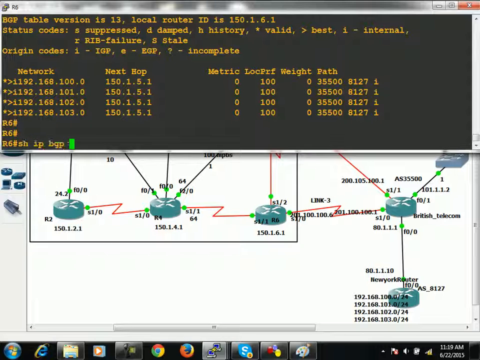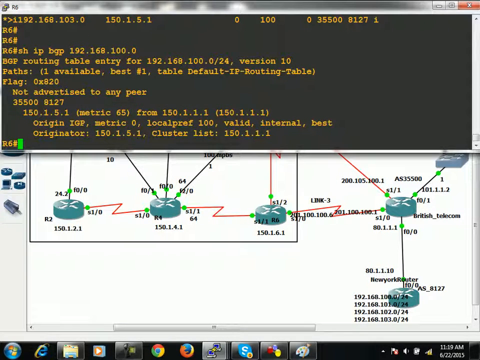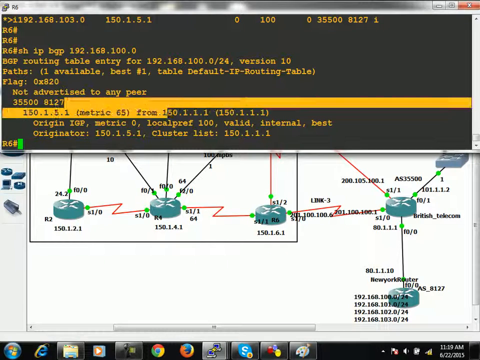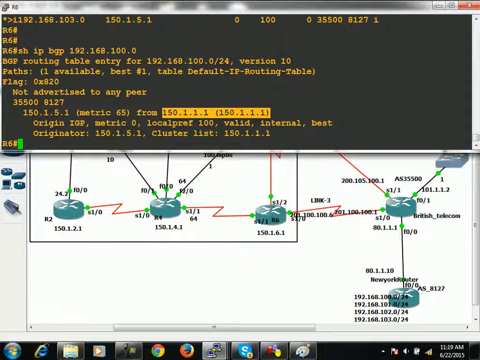But if you open it in more detail, 100.0, its next hop address is this, coming from neighbor this, and this is the neighbor's router ID. Understood or not? Do not read originator and cluster list. We'll be discussing it later during the advanced router factors, right?